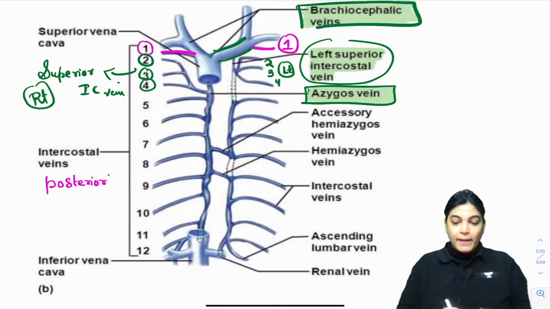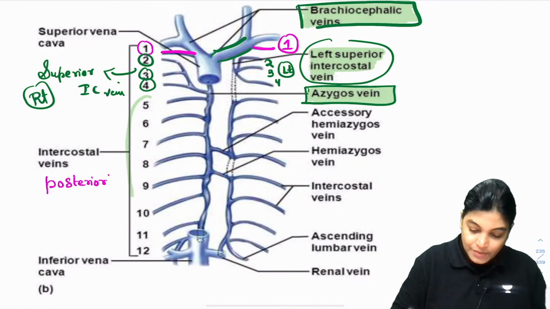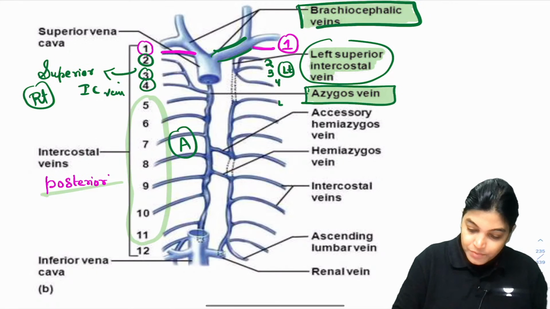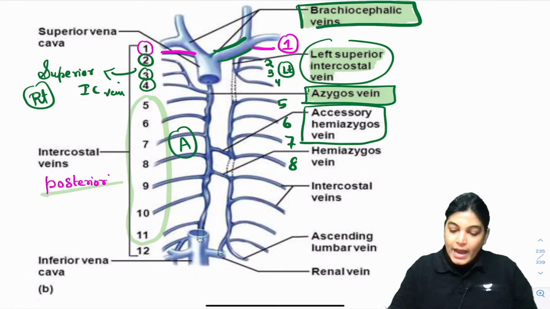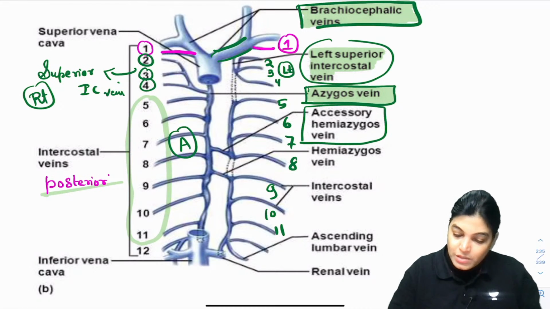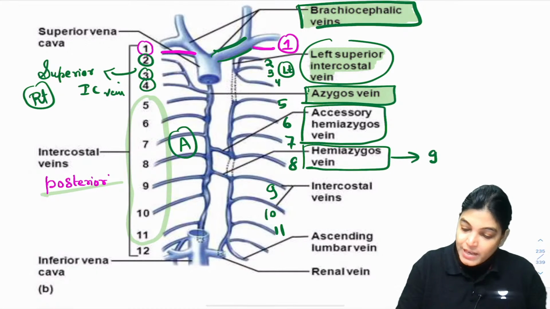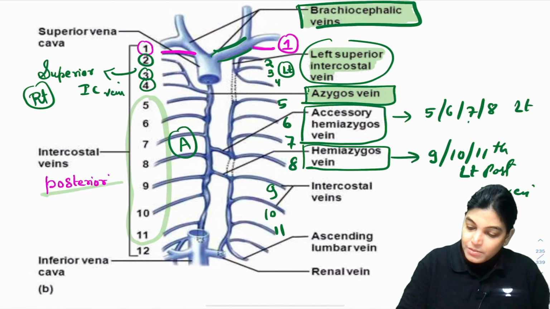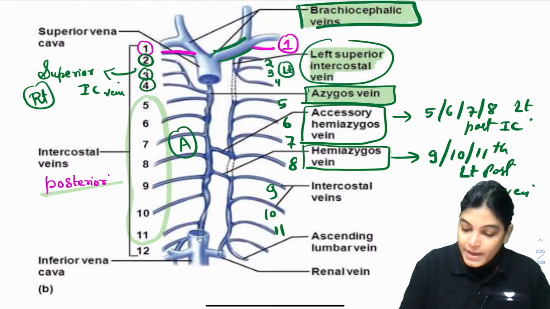Okay, now the 5th, 6th, 7th, 8th, 9th, 10th, 11th posterior intercostal veins all drain into azygous on the right. On the left, the 9th, 10th and 11th left posterior intercostal veins drain into hemiazygous, and the 5th, 6th, 7th and 8th left posterior intercostal veins drain into accessory hemiazygous.